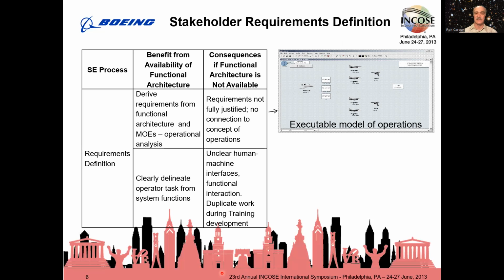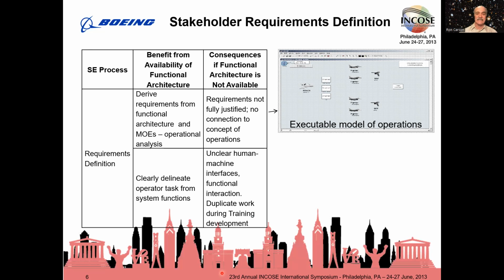That's the operational analysis. Here's a graphic cartoon of some analysis that we had done back in 2004 and 2005 that allowed us to identify what are some key system requirements in order to enable a particular kind of operational architecture to be successful. If we don't have the functional architecture, then we're not going to be able to validate or justify the requirements.